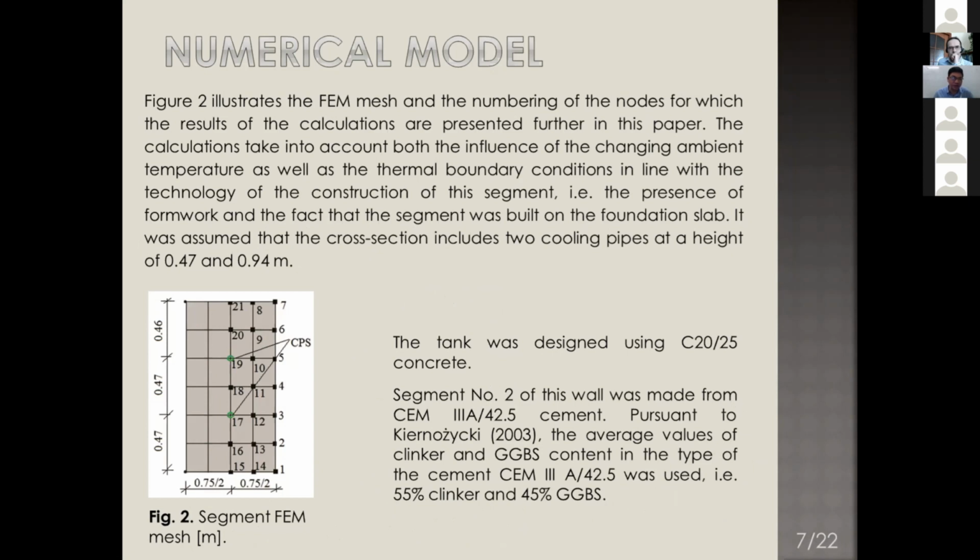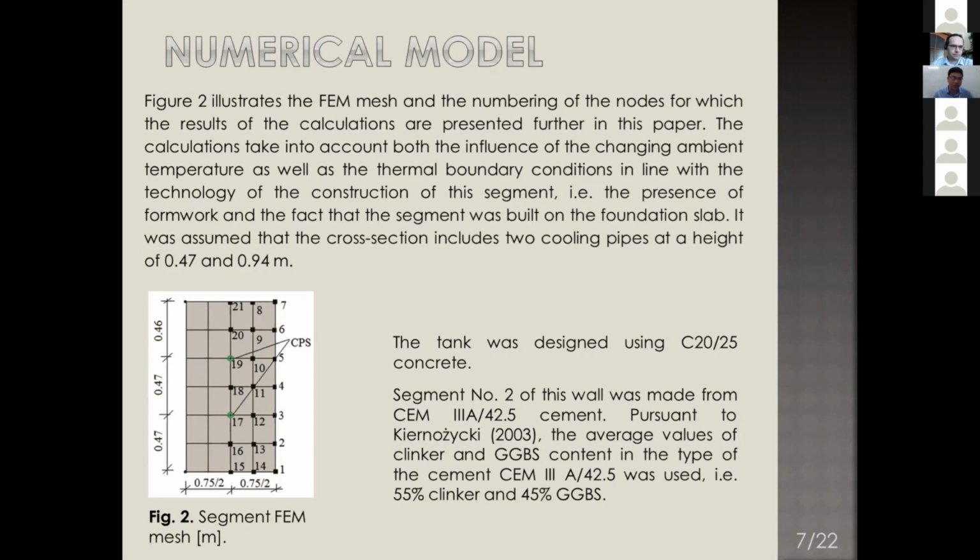The calculation takes into account the influence of the changing ambient temperature as well as the thermal boundary conditions, in line with the technology of the construction.